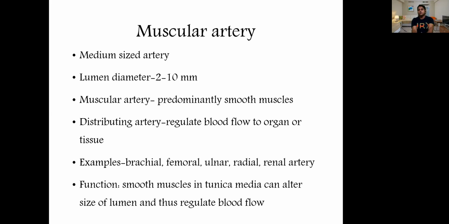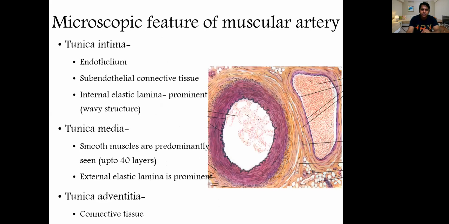Okay, so till now we have studied the two types of arteries, the elastic artery and the muscular artery. The elastic artery is also called a conducting artery, and the muscular artery is called a distributing artery. Yes. Let us go into the microscopic features of the muscular artery.